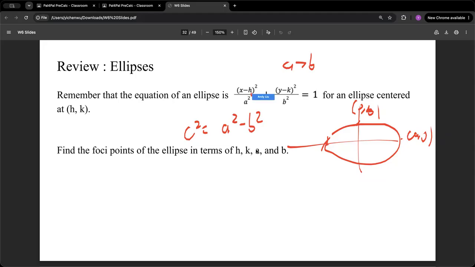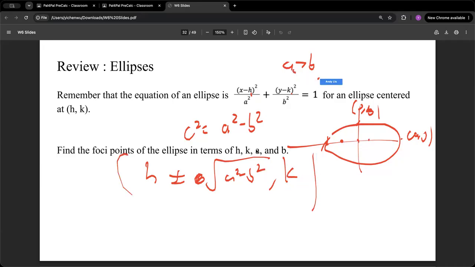If we have the h, k, all that does is shift it. So the foci are just h plus or minus C, where C is the square root of A squared minus B squared, and the y-coordinate doesn't change because it's still level. This is when A is greater than B. Otherwise, you can move this to this side.